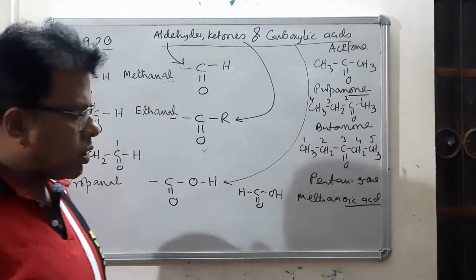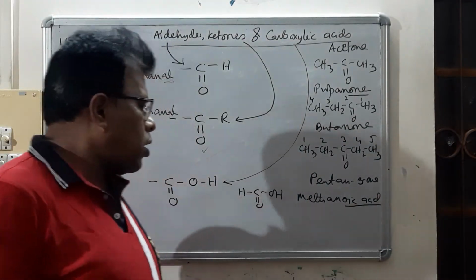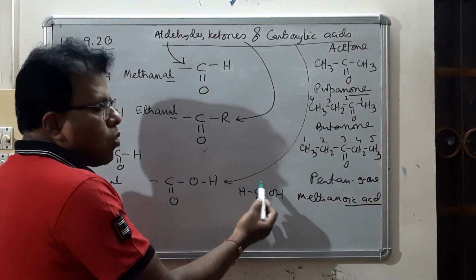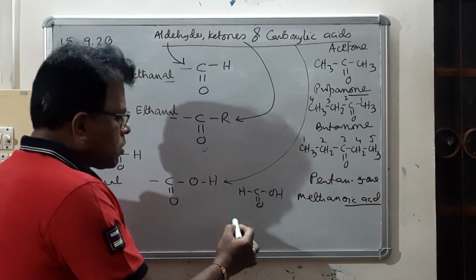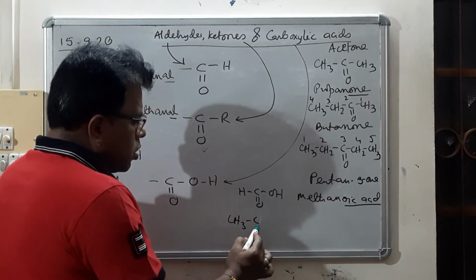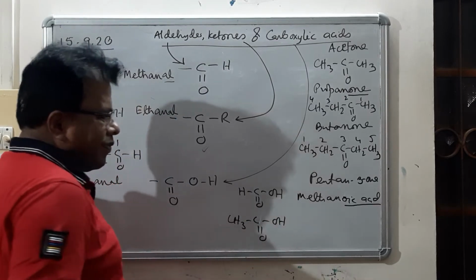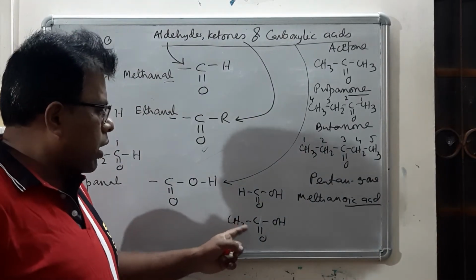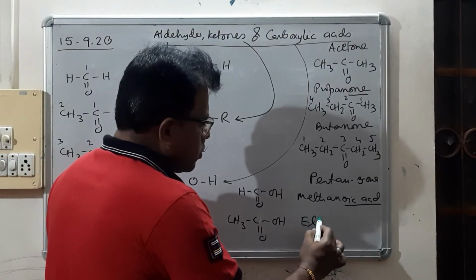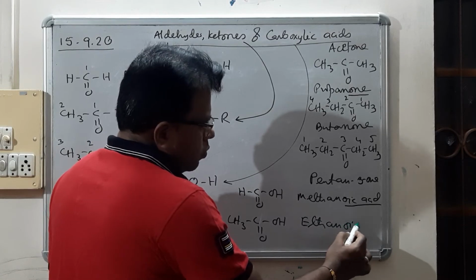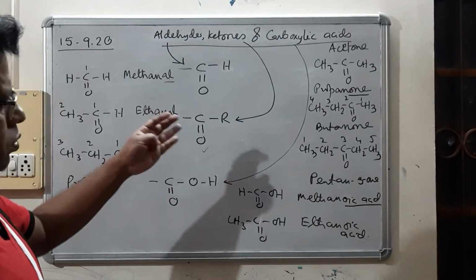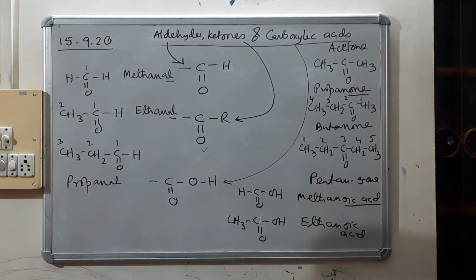So the secondary suffix is oic acid. This is commonly known as formic acid. The next member is CH3 C double bond OH. This is very commonly known as acetic acid, and its IUPAC name is ethanoic acid. So, in this way, we have the naming.